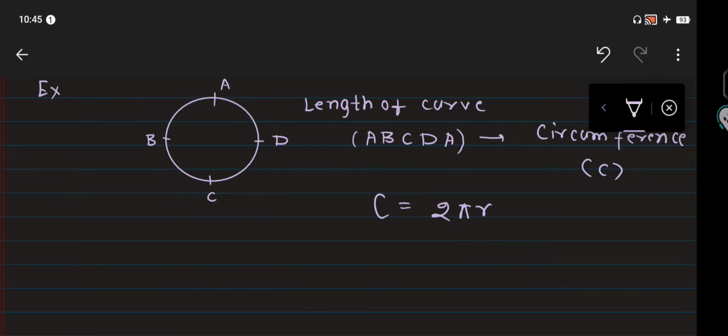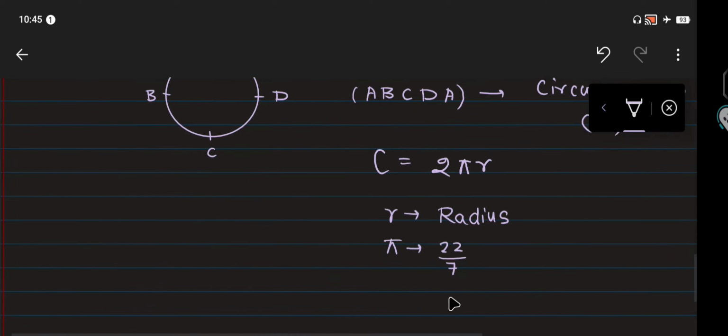Here r is the radius, and pi is a constant. Its value is 22 by 7, or it could be 3.14. So by using this formula C equals 2 pi r, we can calculate the circumference of a circle.